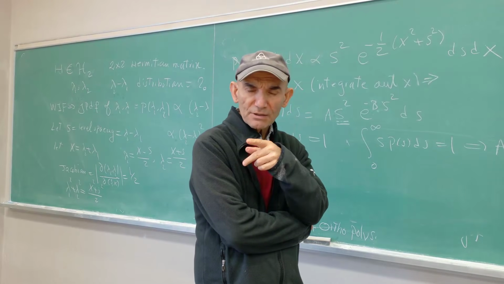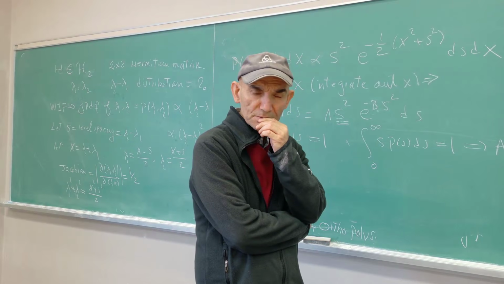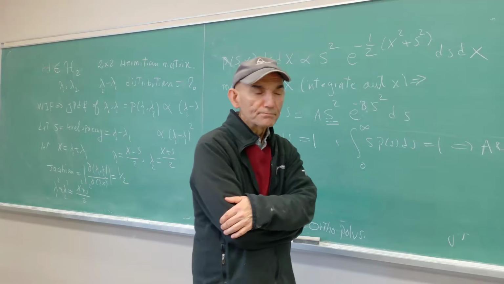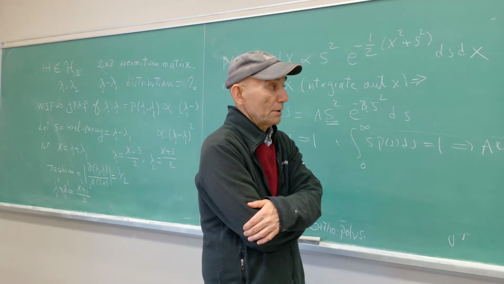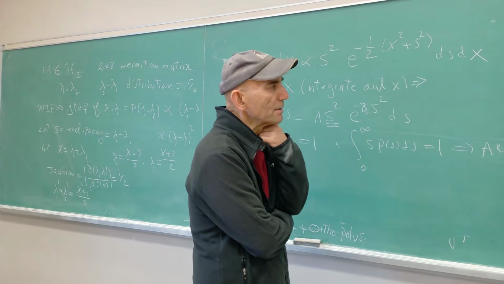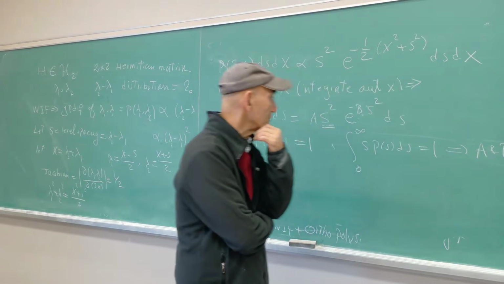Are you talking about the chi-squared distribution? I was talking about the Boltzmann. I don't know, but I think I have seen something like that. Yeah, I think that's a good guess. It has to be checked.